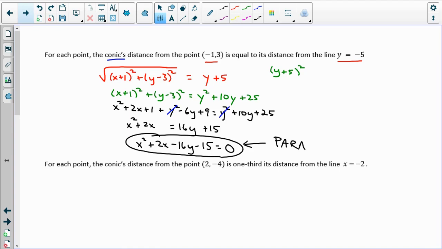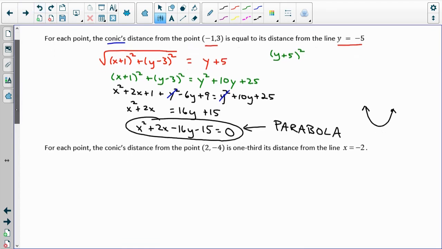So this is a parabola. And this parabola just so happens to be a y equals x squared type parabola, so it's going to open up and down because we have a positive x squared over here and a positive y over here. So that's kind of how that will go.